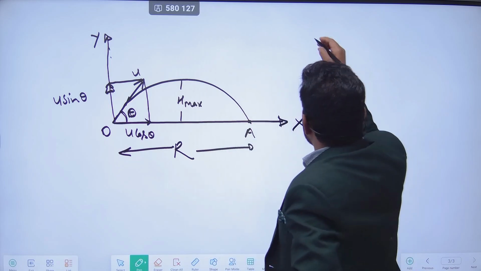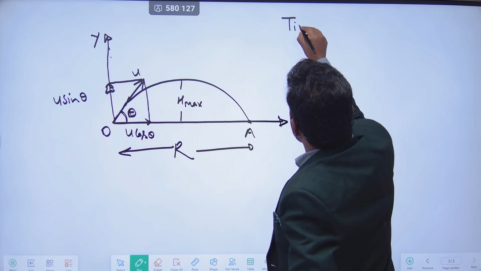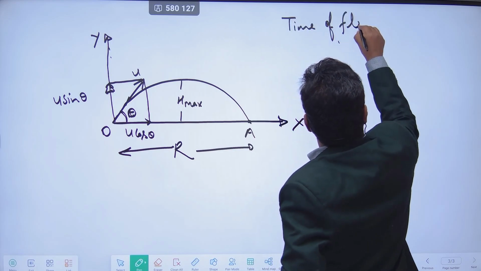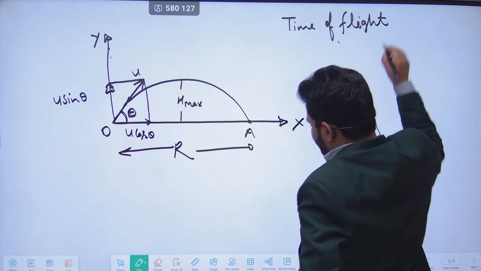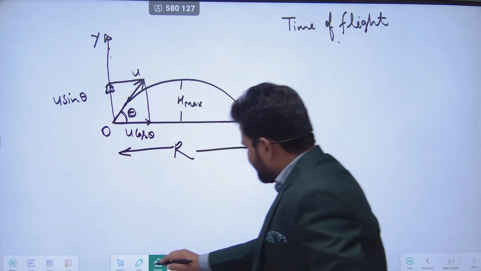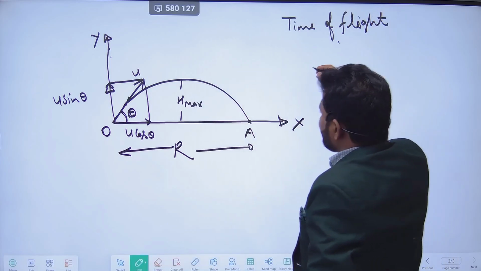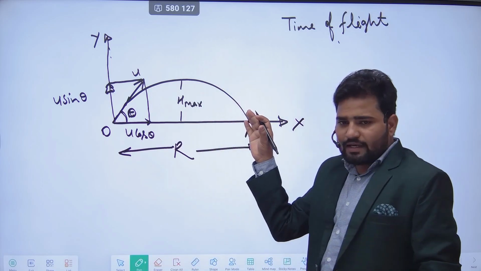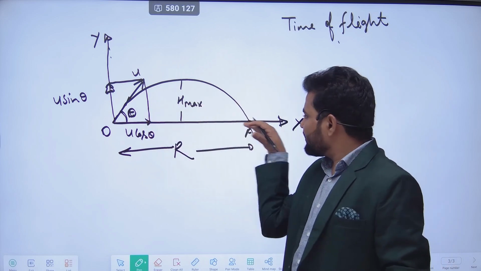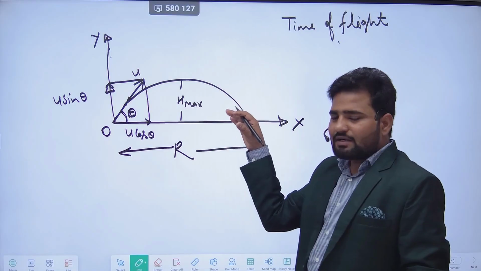To find the time of flight, what can we do? We know the definition of time of flight: the time for which the ball remains in air before falling down on the ground is called the time of flight.